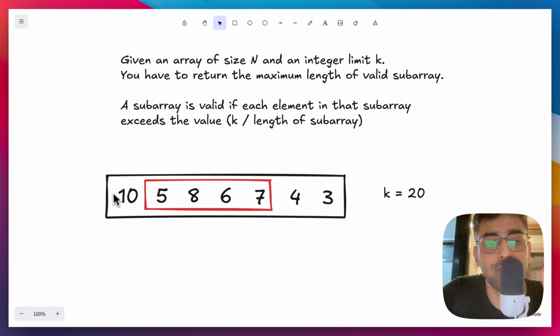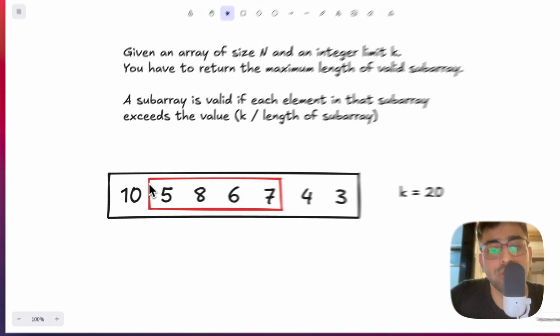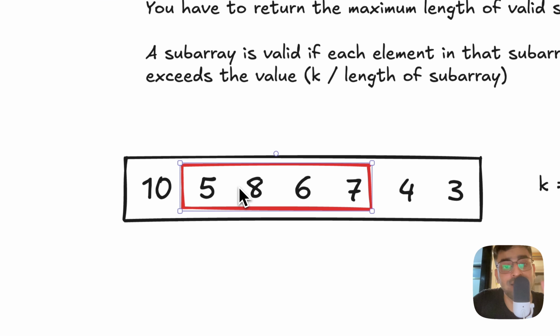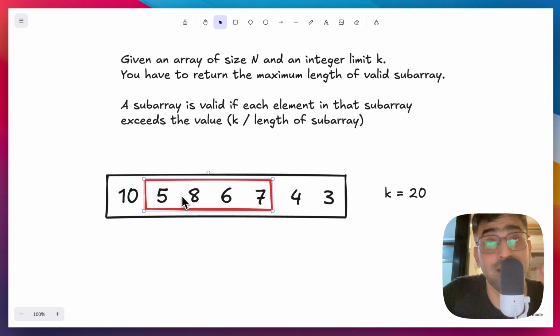So for example, let's say we have this particular array and k is 20 and this red box represents one subarray in this array. Okay. So is this subarray a valid subarray or not? Let's check that.